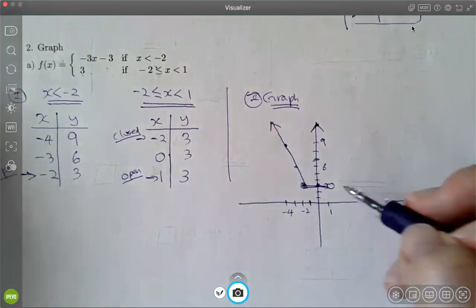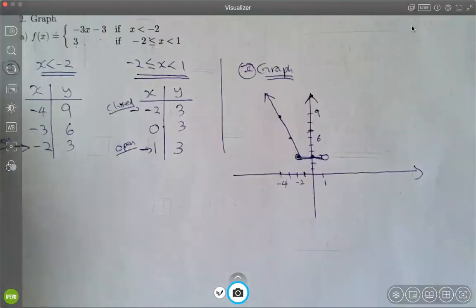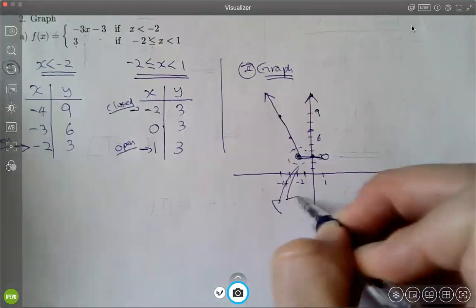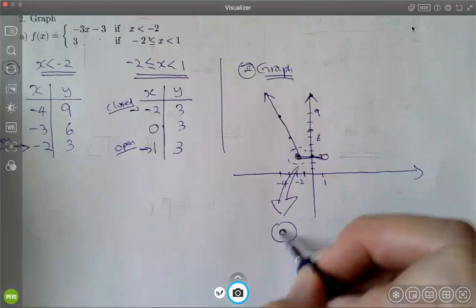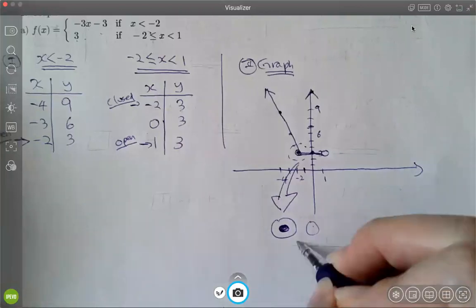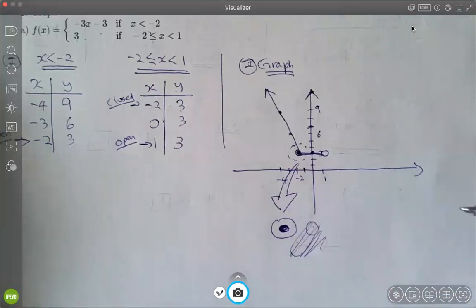And now, another point. Let's look at this point here. So if we magnify it, we have this, right? Kind of looks like an eye. Anyways, but that's not a point. Okay, so if we have an open dot and closed dot at the same time, which point wins the battle? Open dot or closed dot? Closed. The closed wins, yes.